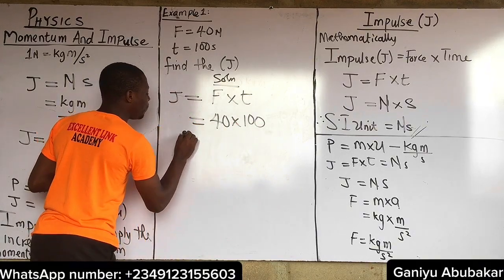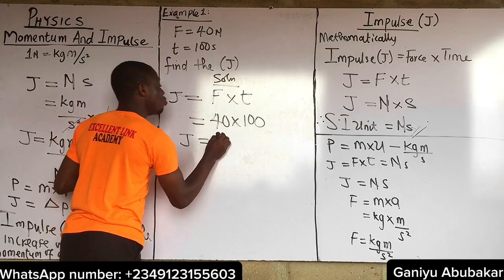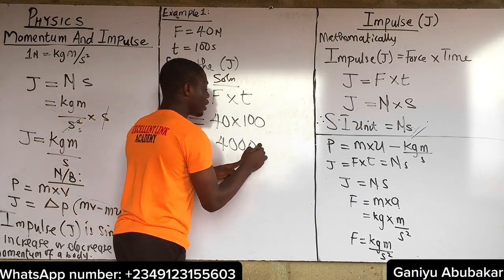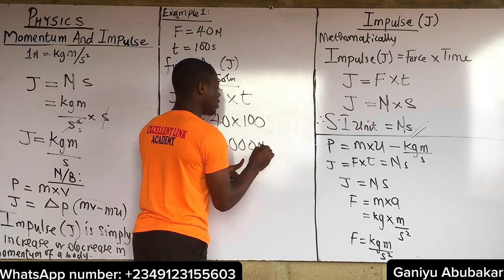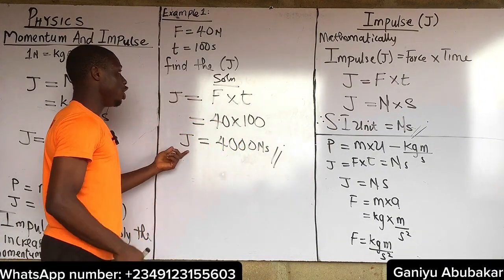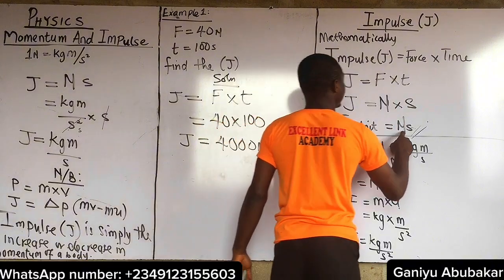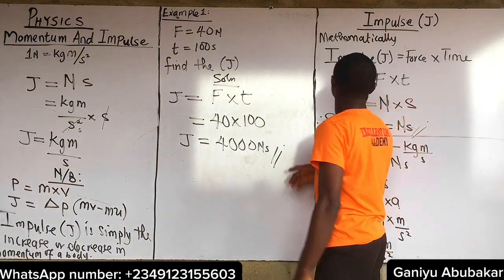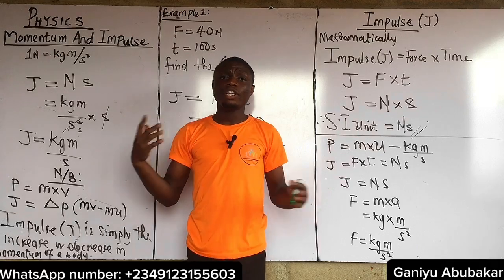Multiply this. Impulse J is equal to 4,000. What's my SI unit? That's 4,000 Newton second as my SI unit for impulse. That's Newton second, as you can see. So this is how to solve problems under momentum and impulse.